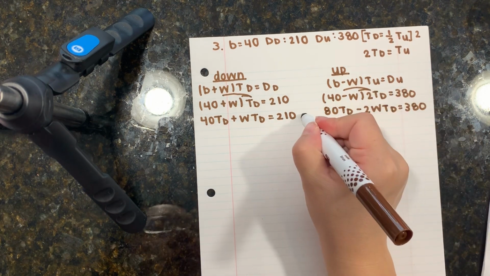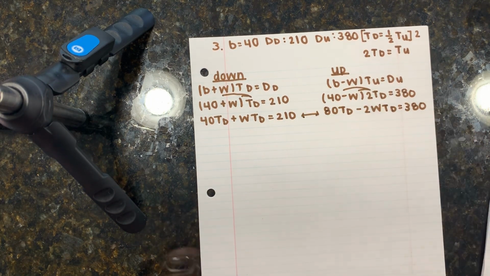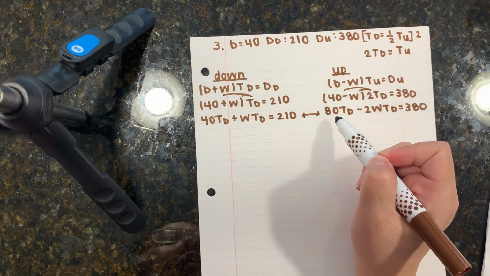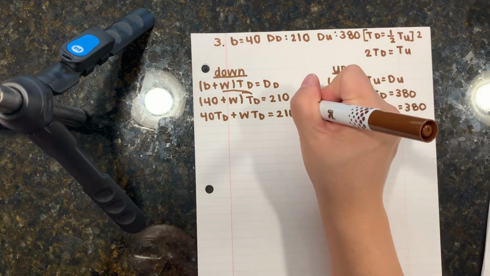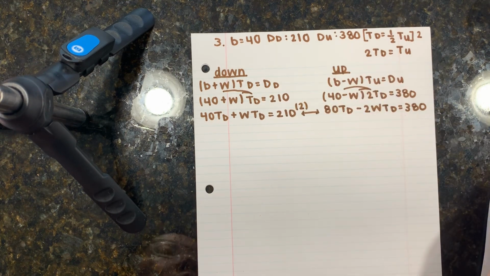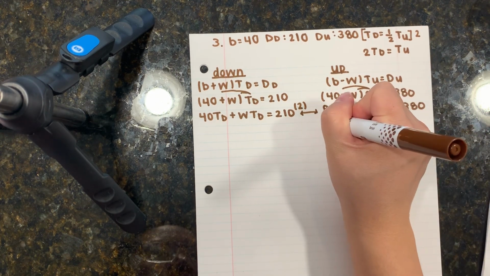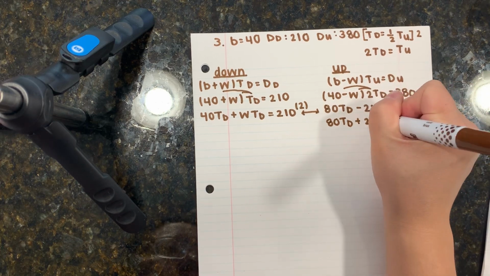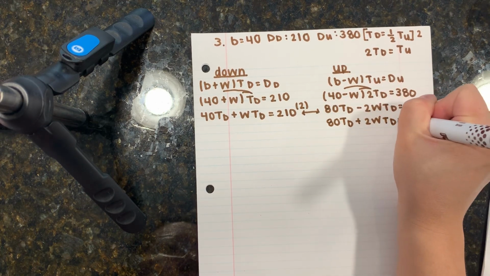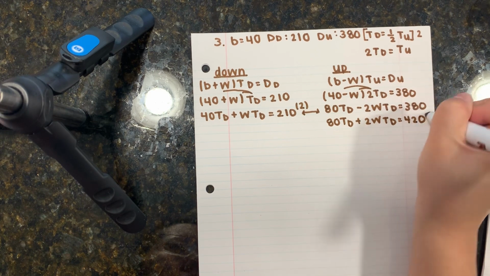Now if I look at these two equations right here, what I'm going to do is eliminate. Well, you can either eliminate the TD or you can eliminate the WTD. If we eliminate the WTD, I'm going to multiply this equation by 2. So that would give me 80 TD plus 2 WTD equals 420.